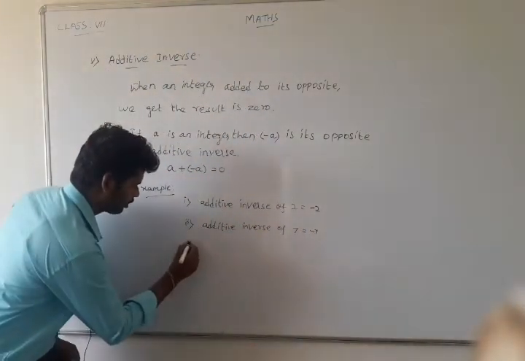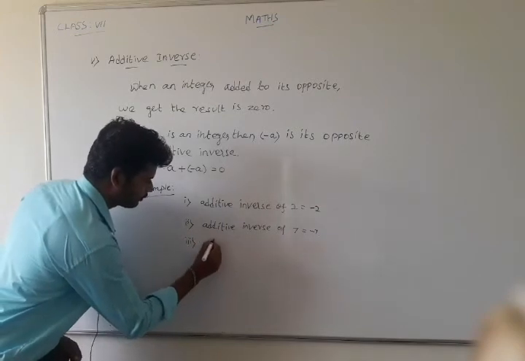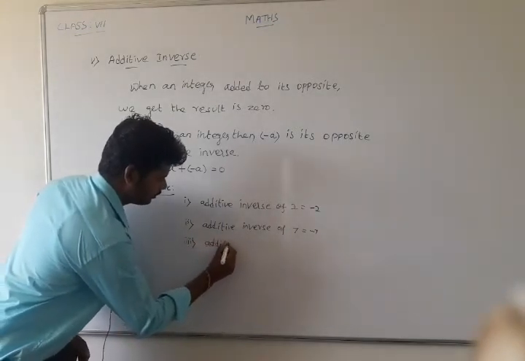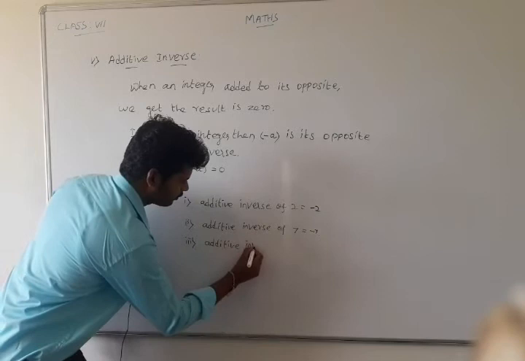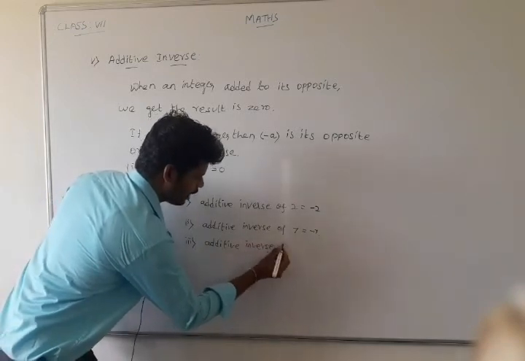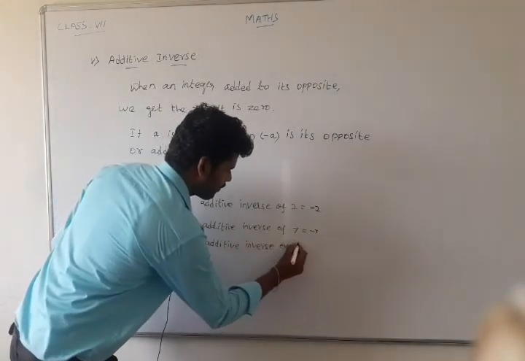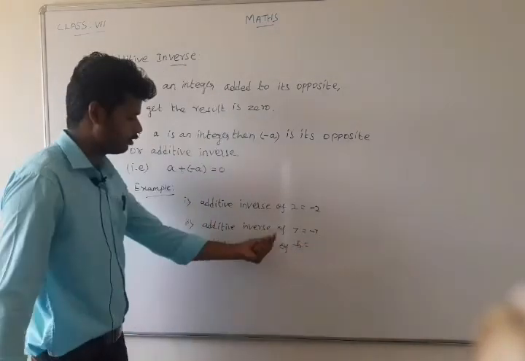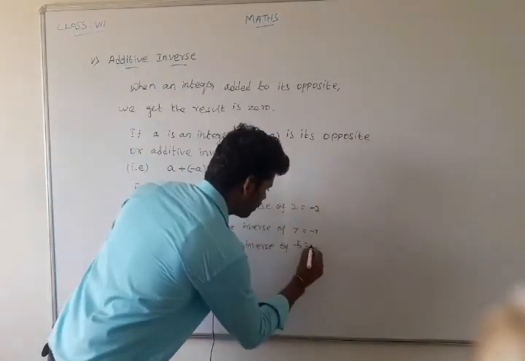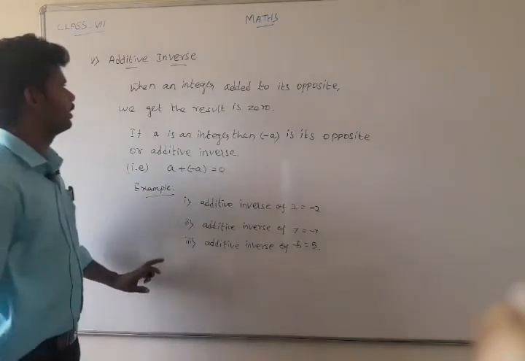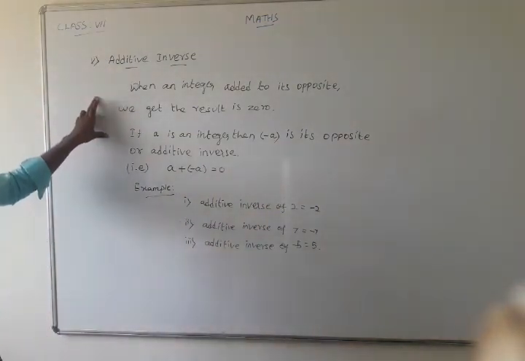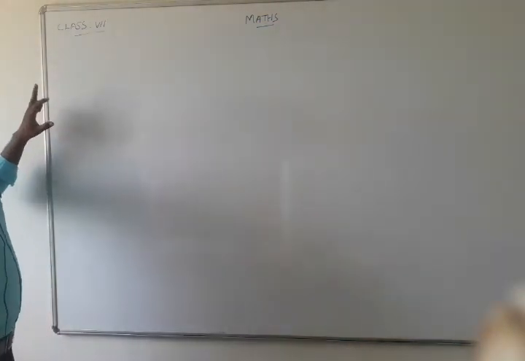Third one, additive inverse of minus 5. Here the additive inverse of minus 5, its opposite, is plus 5. This is additive inverse.